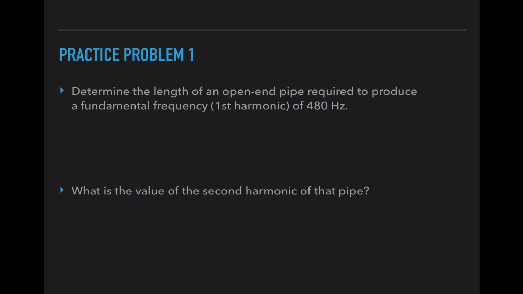So here we go. Here's our practice problem. Determine the length of an open-ended pipe required to produce a fundamental or a first frequency of 480 hertz. So we have F1 equals N times the speed over 2L. And F1 is 480, N is 1, the speed of sound in air is 343, 2L.